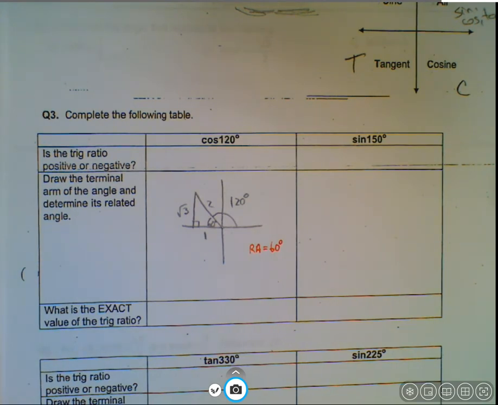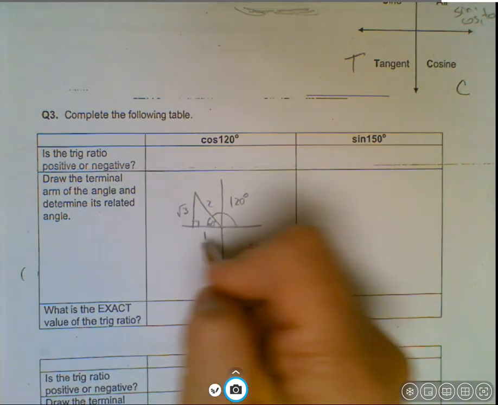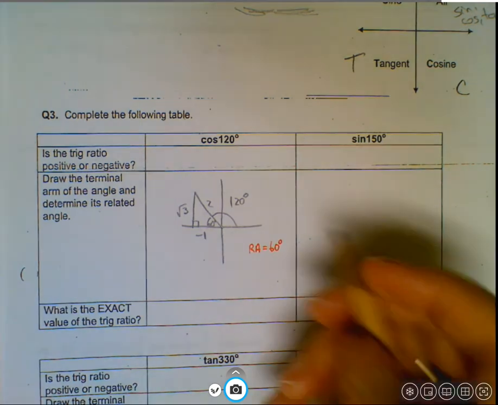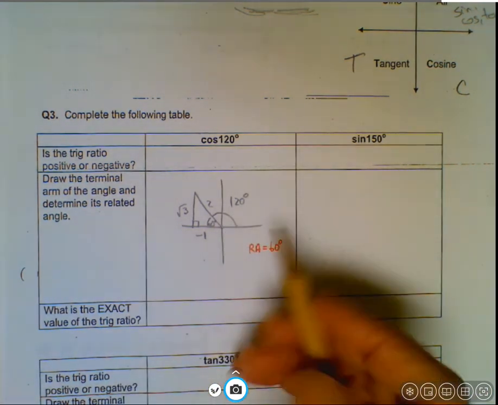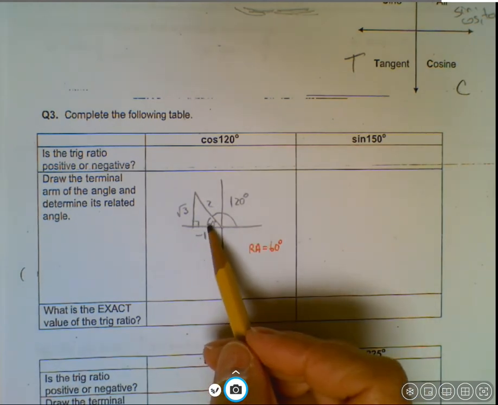And there's one thing I have to add on to this, which is because I'm in quadrant 2 and the x's are negative here, then this 1 is actually negative 1. So my cosine of 120 is really, because the same triangle is flipped over from where it would have been in quadrant 1 to quadrant 2, it's the triangle with the 60.